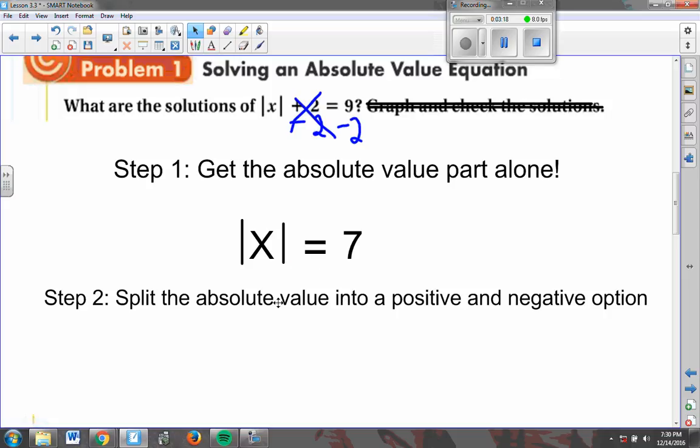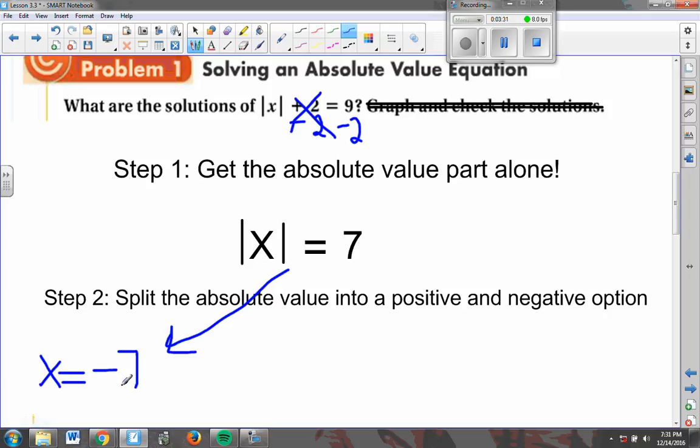I'm going to split the absolute value into a positive and a negative option. One option here is that x equals negative 7, because the absolute value of negative 7 is 7.